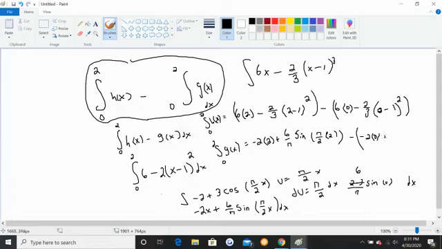Plus 6 over pi sine pi over 2 times 0, right?